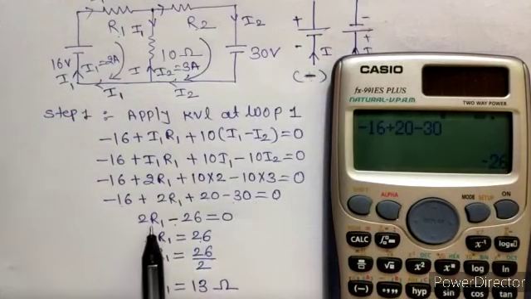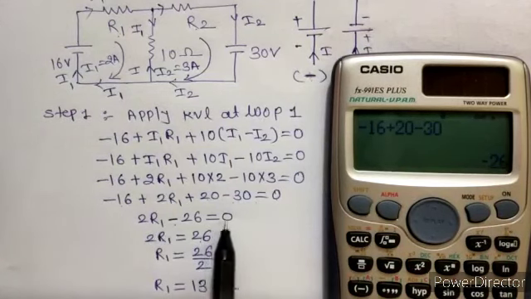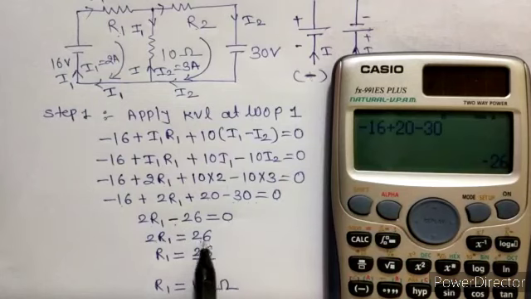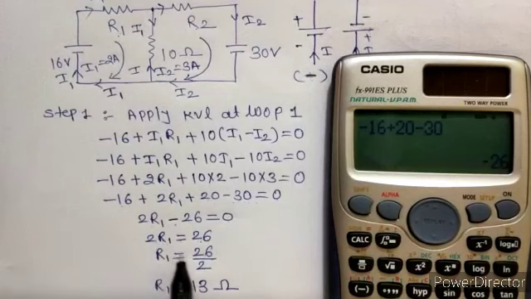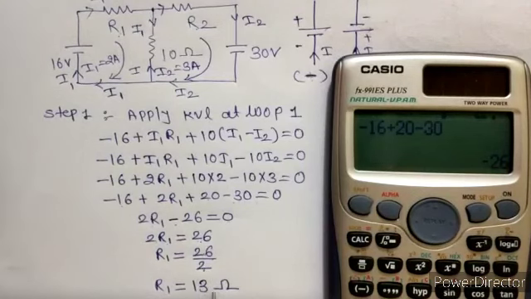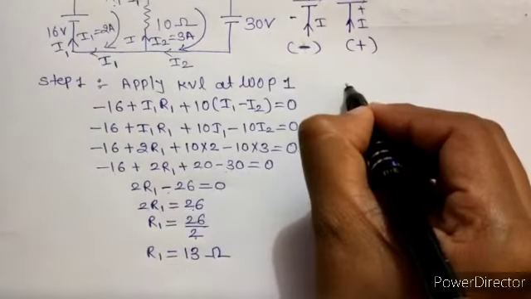So 2 into R1 minus 26 is equal to 0. 2 into R1 is equal to 26, as minus 26 goes to the right side of the equal sign and becomes plus 26. So R1 is equal to 26 divided by 2. The 2 is multiplied with R1, so when it comes to the other side of the equal sign, it goes in division. So the value of R1 is 13 ohm.